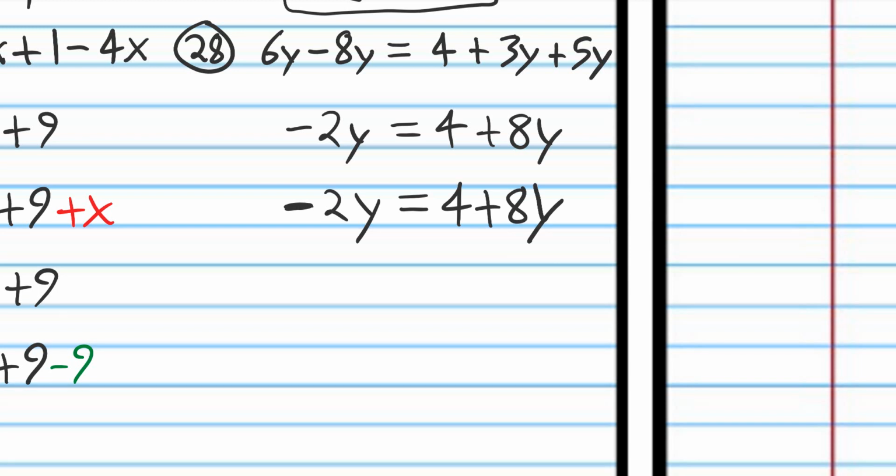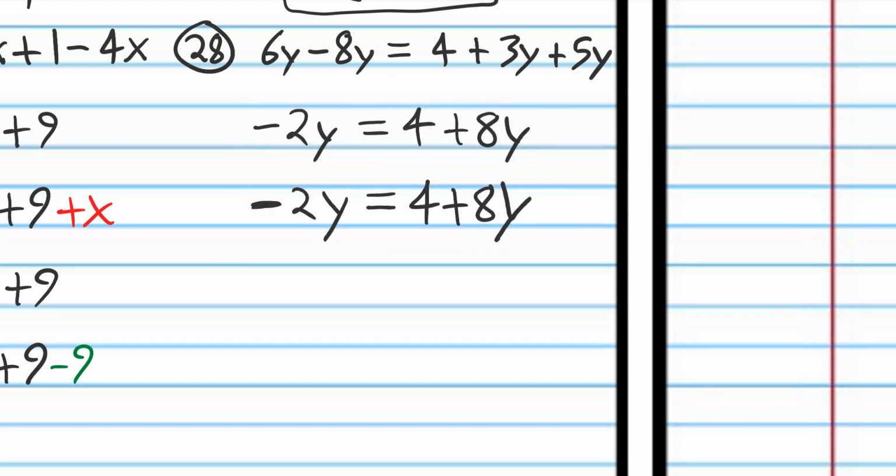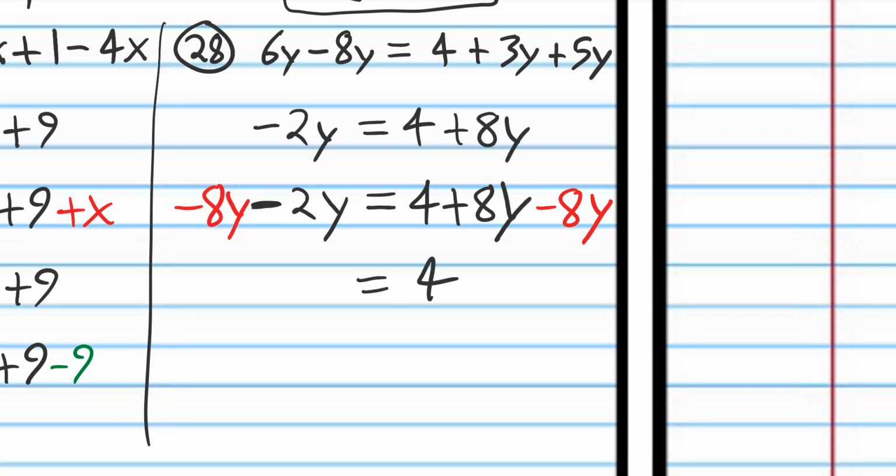And I'm going to need to move this over a little bit. Subtract 8y from both sides of the equation. Put your divider. -8y minus 2y is -10y.